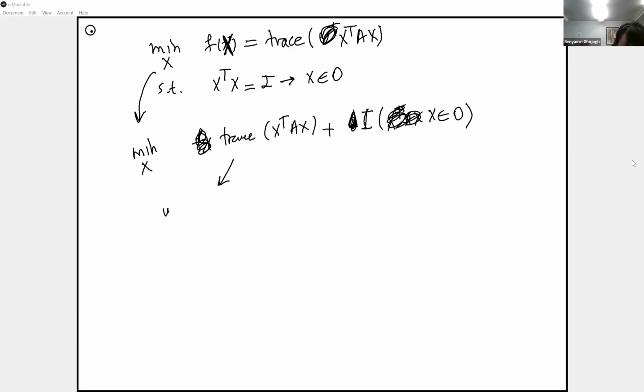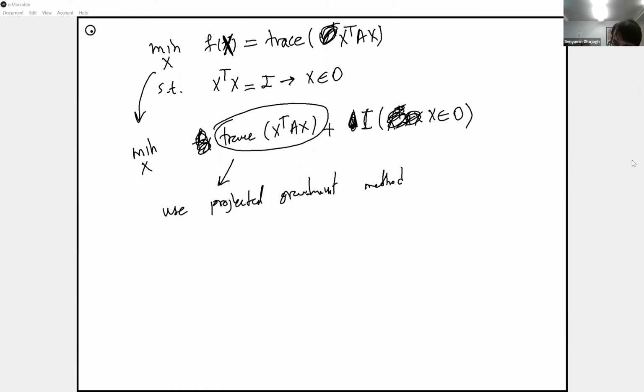Then use the projected gradient method for solving that. In each iteration, do one step of gradient descent, then take the solution of that step, apply SVD on it, set the singular values to 1, and then reconstruct the solution.